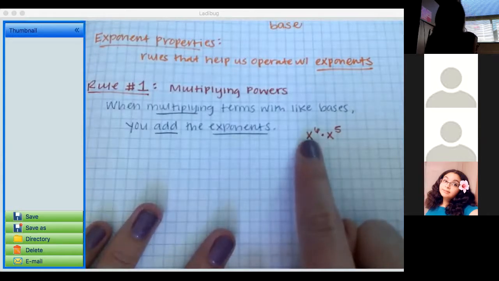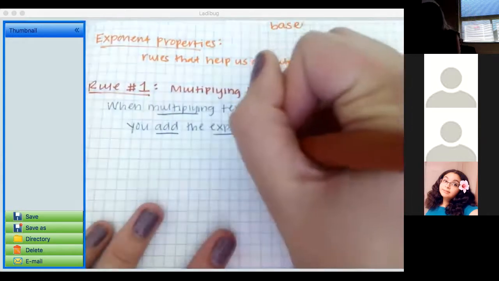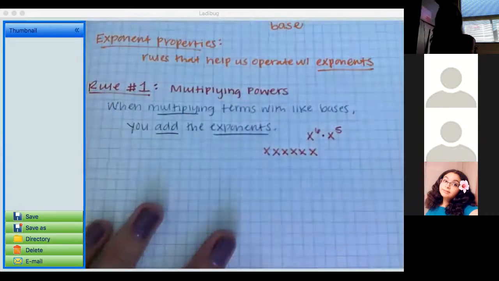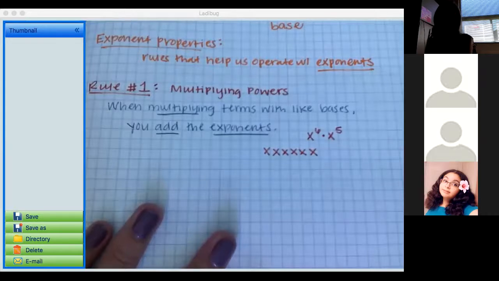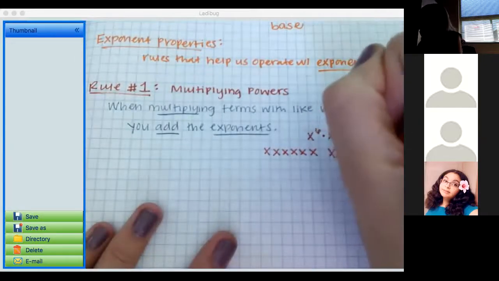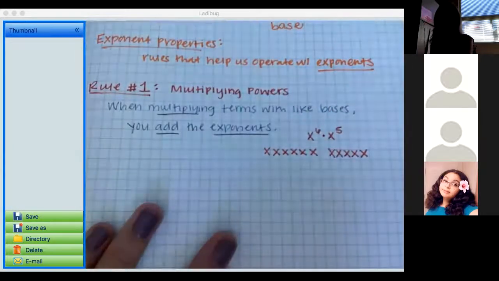Multiply 6 times. Good. Multiplying x 6 times. So do y'all agree this means I have 6 x's like this? Okay. What does x to the 5th mean? 5 x's. So I've got 1, 2, 3, 4, 5 x's.